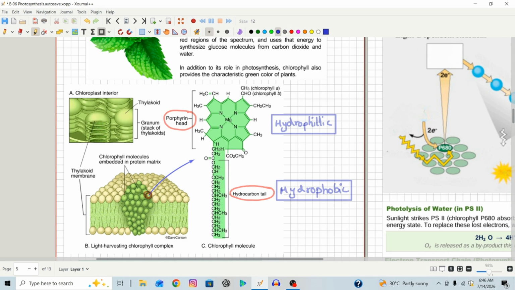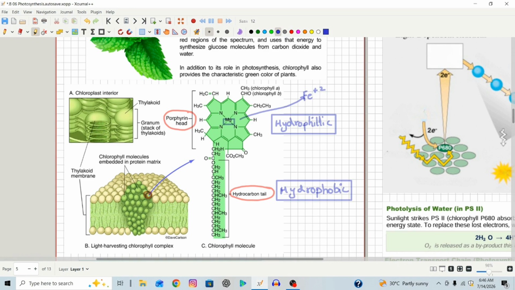Similarly, there is a heme group. You know what hemoglobin is, right? Hemoglobin is just like the porphyrin ring. So hemoglobin also has the same structure, but there is a difference here. In hemoglobin, instead of magnesium, as you can see here, there is an iron plus 2 ion.